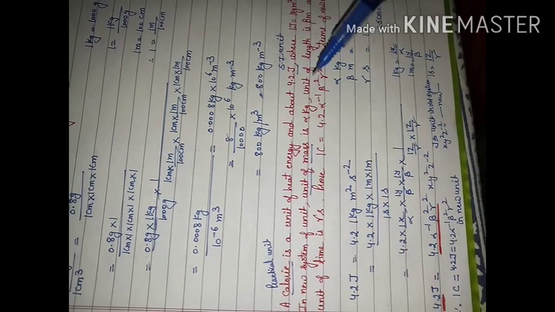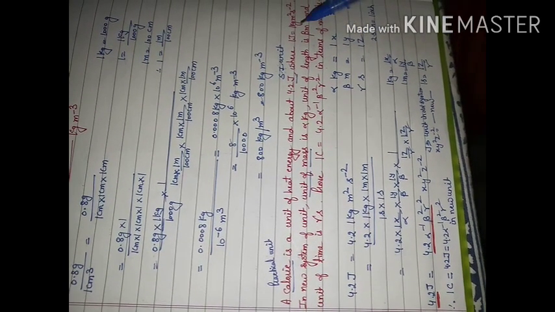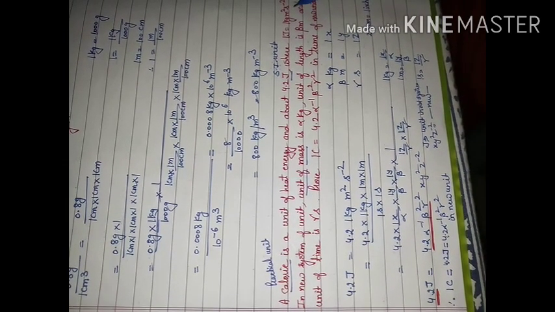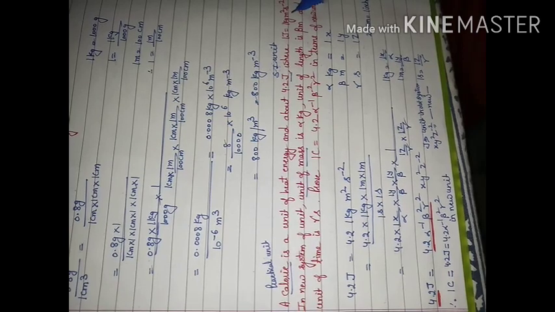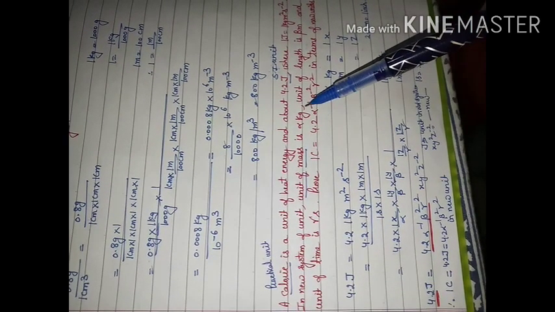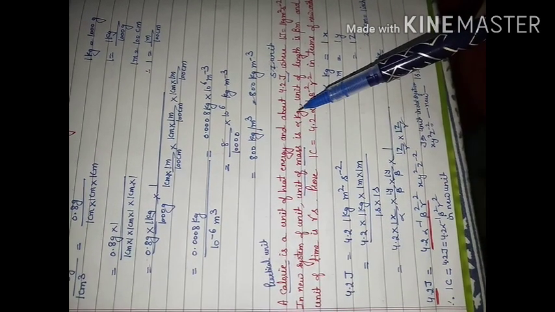So the meaning of this statement is, this is the system. See, in this system, the unit of mass is 1 kg, the unit of length or distance is meter and the unit of time is second. This is another system where 1 unit means alpha kg.